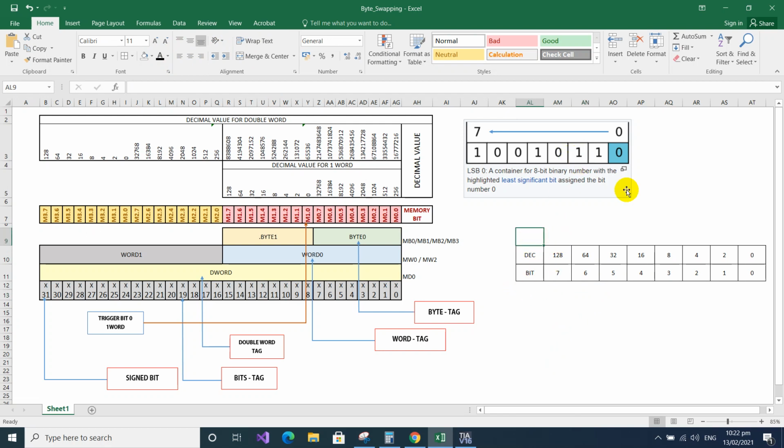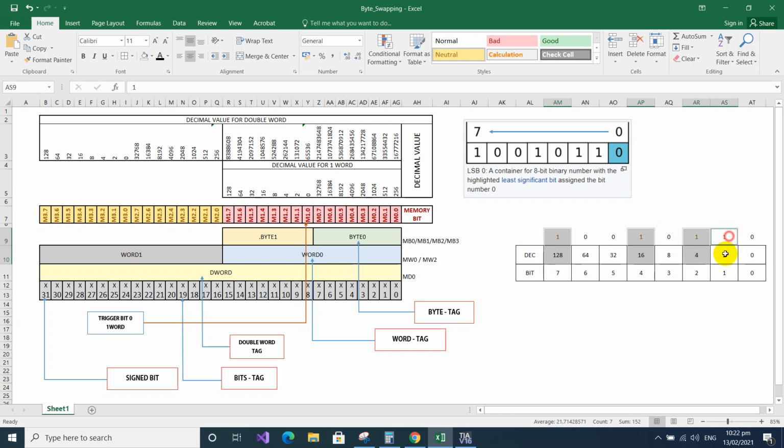Now we'll copy this one here: 0 1 1 0 1 0 0 0 0 1. So in binary, those having 1, we will add together, and then that is our decimal value.